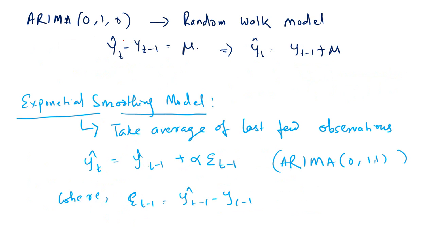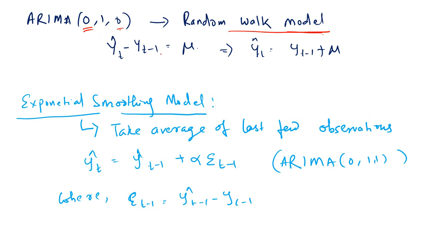There are more aspects to it also. We've talked about the random walk model. The random walk model is also a special case of the ARIMA model. When the AR term is 0, the MA term is 0, and there is only the first difference of the series, it depicts a random walk model.